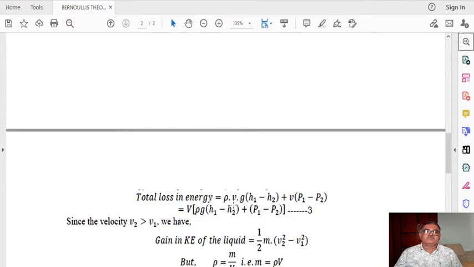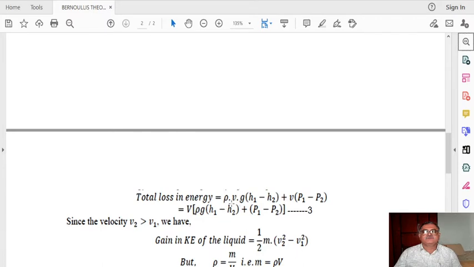Therefore, now we will see what to do. Here, the total loss in energy is rho V g (H1 minus H2) plus V (P1 minus P2). Remember that this V and this V are the same.